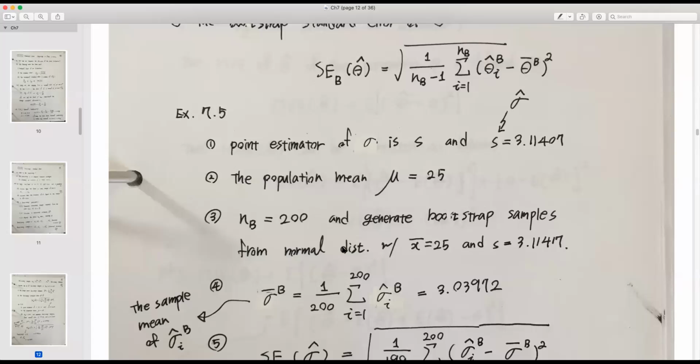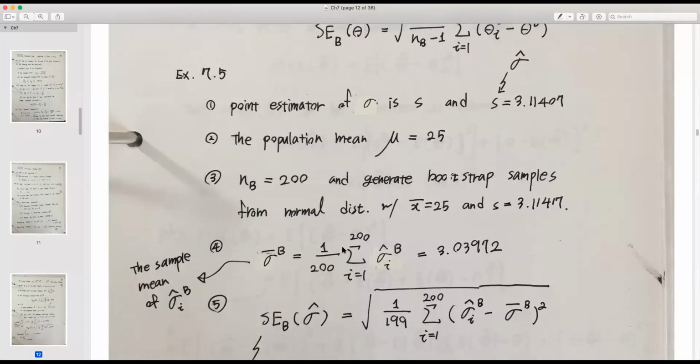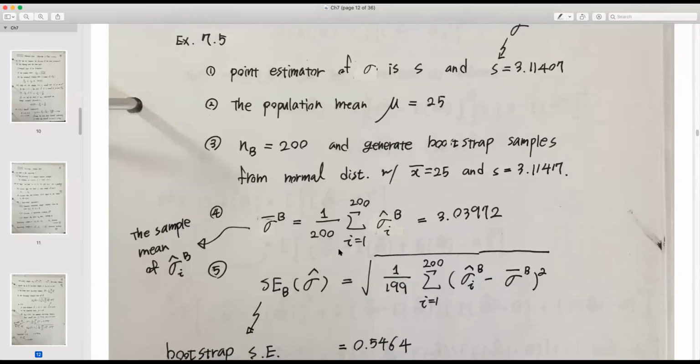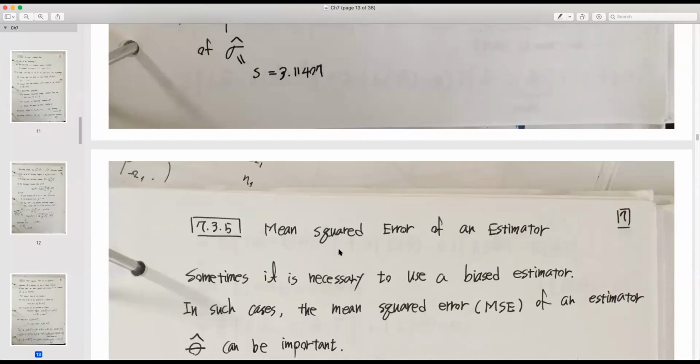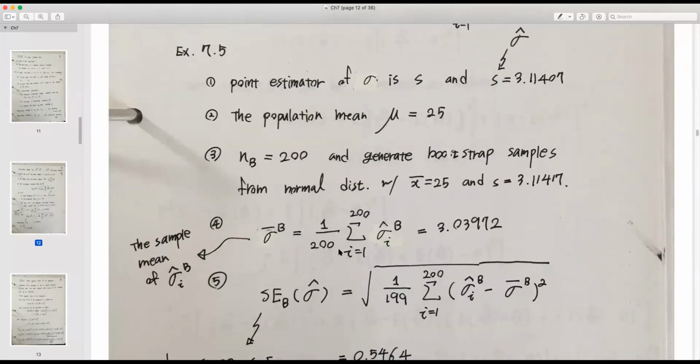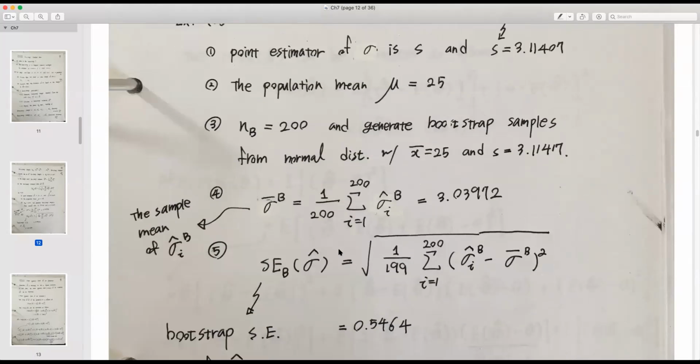Okay, so now next one is right here. We saw example 7.5, right? Please look at example 7.5.